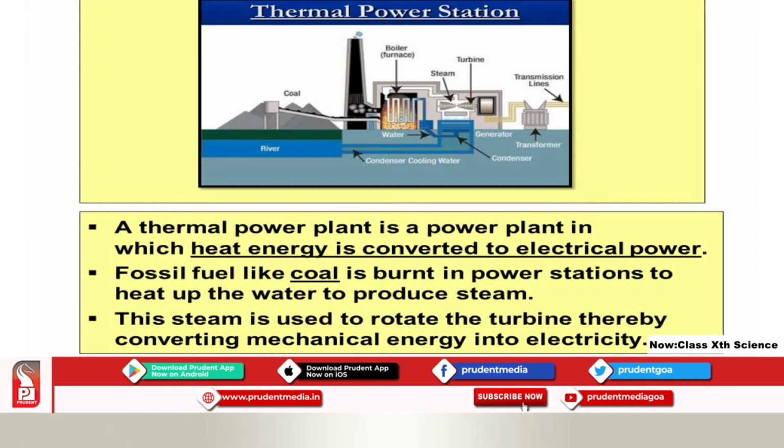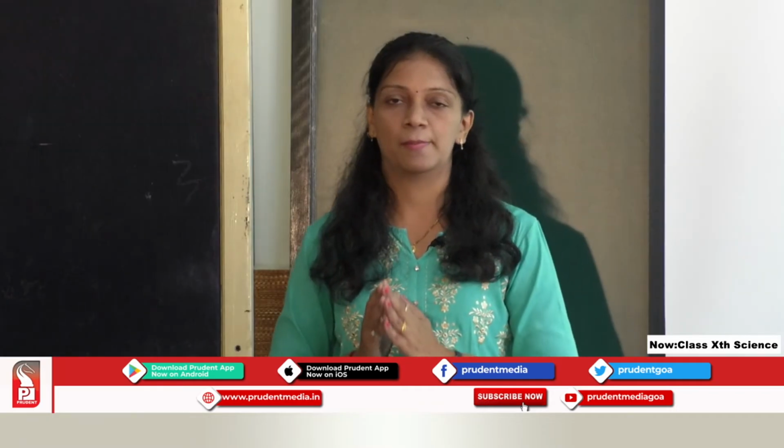There will be conversion of heat energy into electrical energy. So, using coal, water will be heated and converted into steam. When steam is passed over the turbine, the turbine will move and the mechanical energy will be converted into electrical energy. So, this is in short about the thermal power plant.